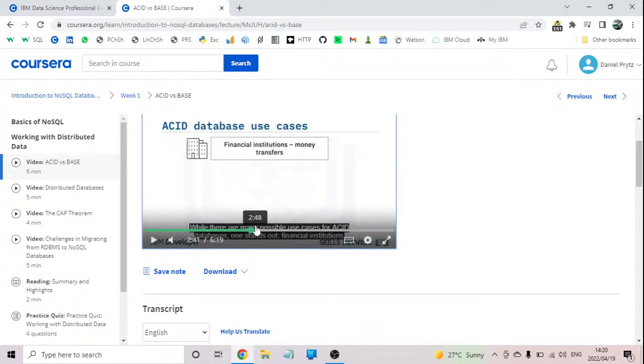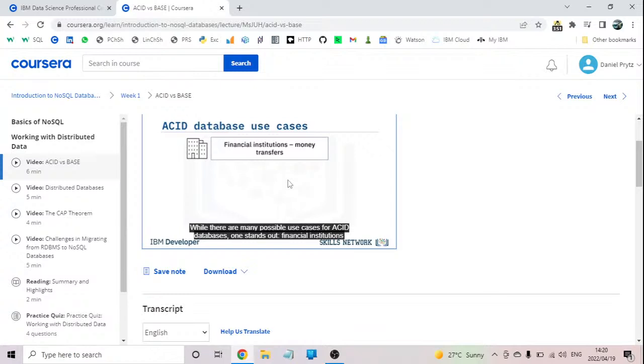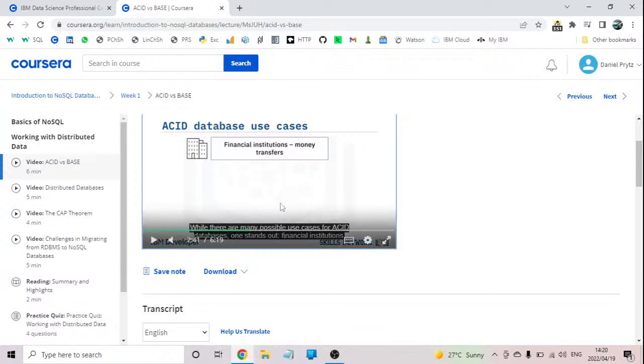Okay, ACID, where there are many possible use cases. Financial institutions, money transfers. Okay, one stands out. Financial institutions, for money transfers, will almost exclusively use ACID databases for their money transfers.